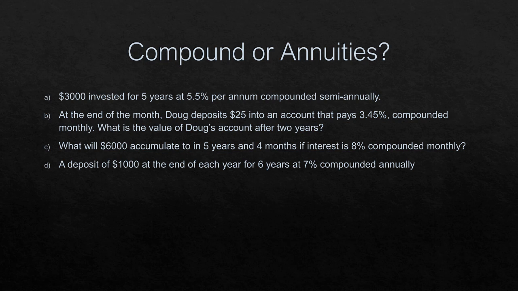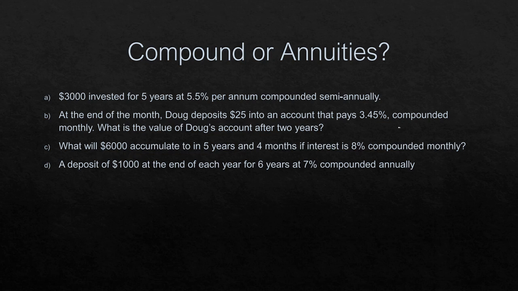But the problem with all of these, they always say compounded semi-annually because it is compounded. We do have compound interest in both, but we don't have payments in compound, but we do in annuities. So option A, $3,000 invested for 5 years at 5.5% per annum compounded semi-annually.